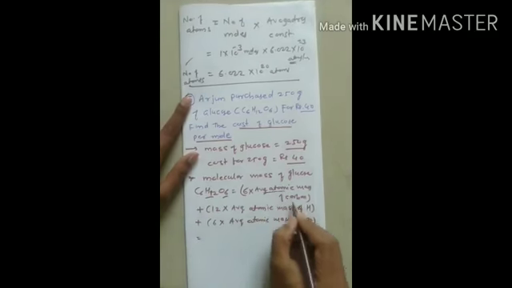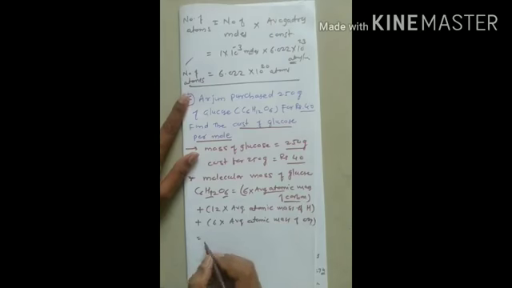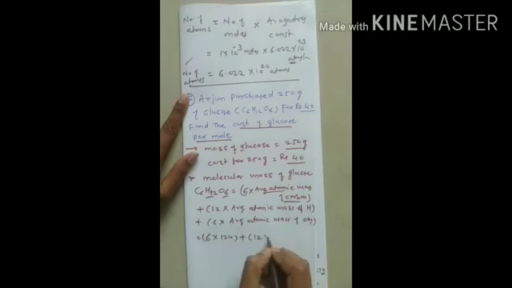Now we put in the values of the average atomic masses. For carbon it is 6 into 12 u, plus 12 atoms of hydrogen into 1 u, plus in the case of oxygen 6 into 16 u.